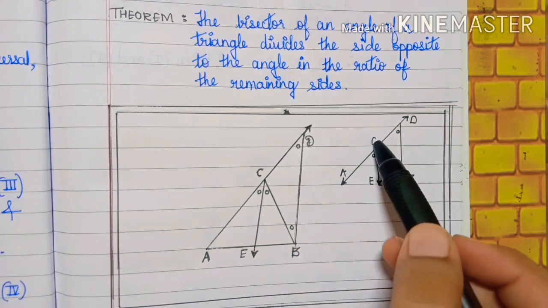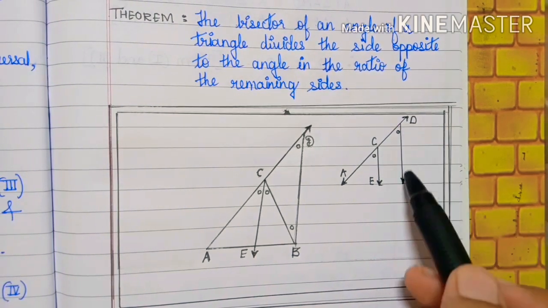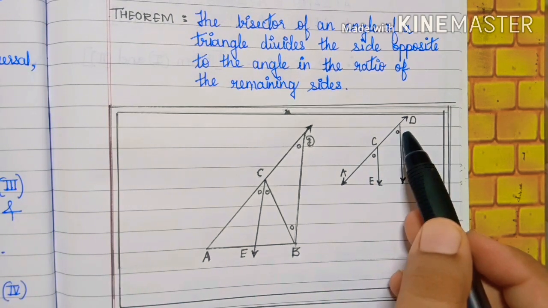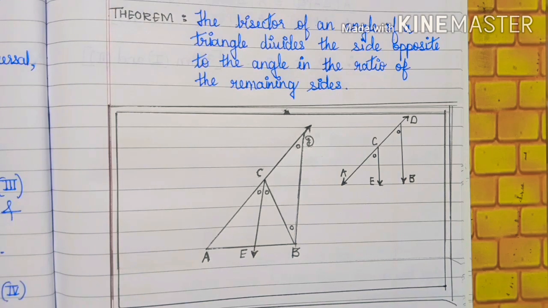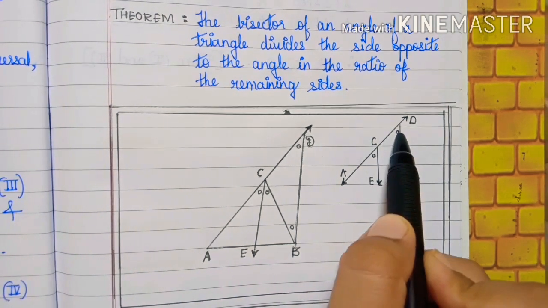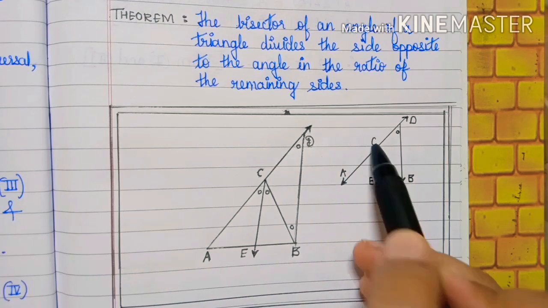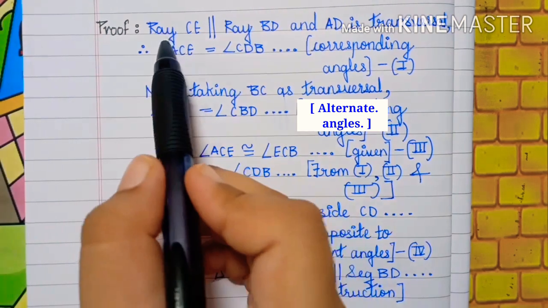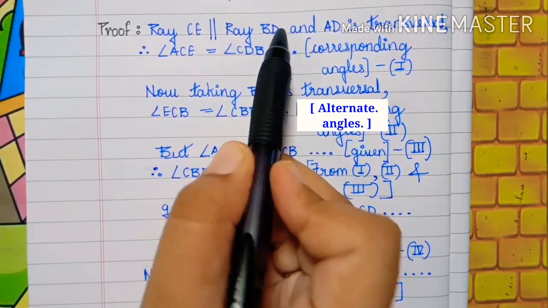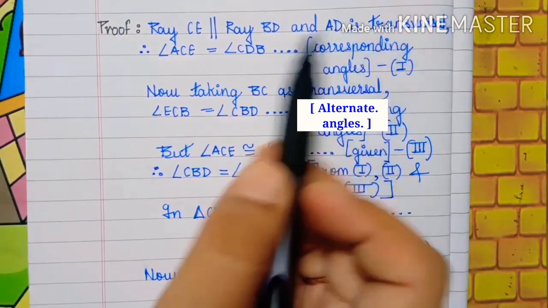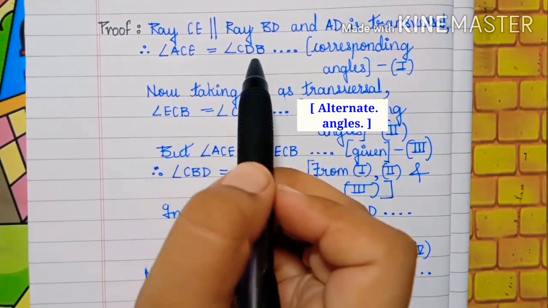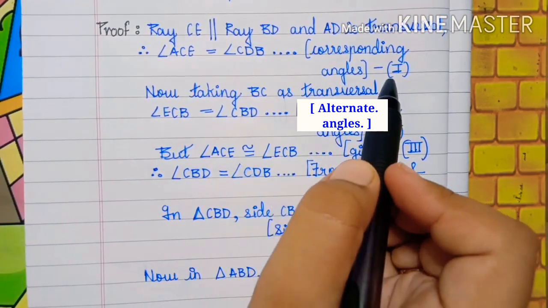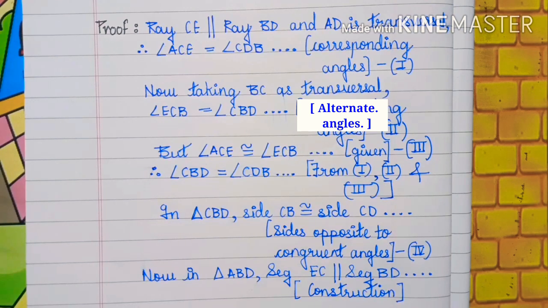That angle ACE and angle CDB are equal because these are corresponding angles. Ray CE is parallel to ray BD and AD is transversal. Therefore, angle ACE is equal to angle CDB because they are corresponding angles. That is step 1.